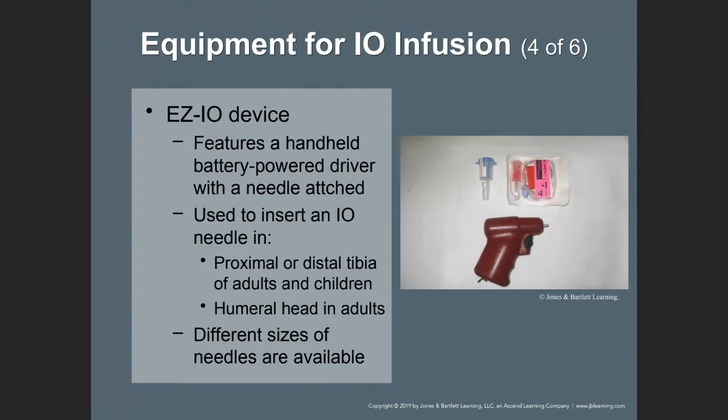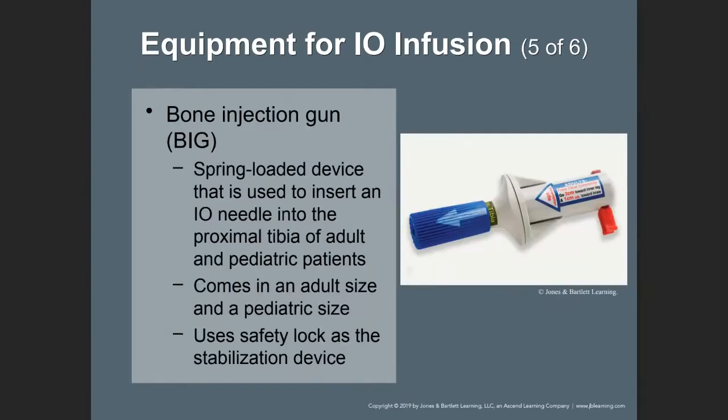That's one I'm very familiar with. It is used to insert an IO needle in the proximal or distal tibia of adults and children, and the humeral head in adults. Different sizes of needles are available.